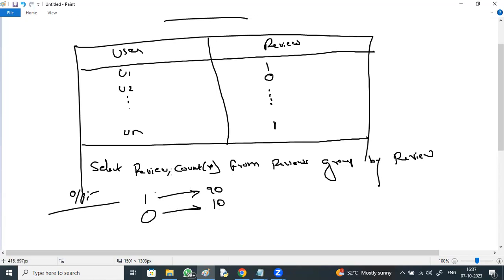But if the reviews are given in their own text format, like the first person saying the movie is good, the second person saying the movie is not good.